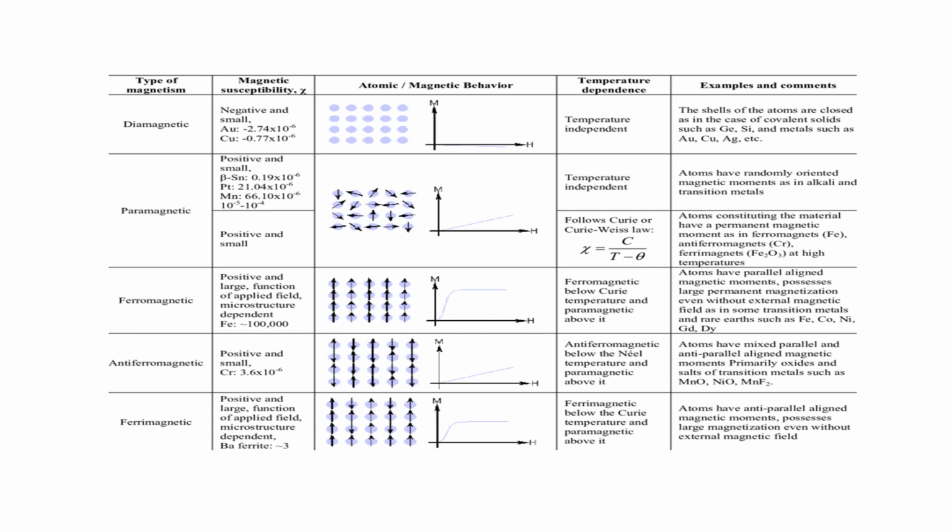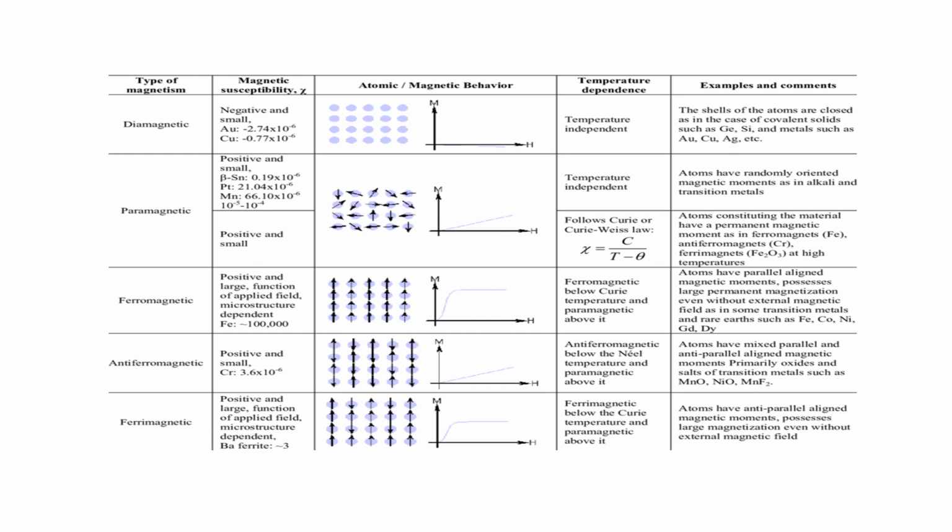It is temperature independent. Atoms have randomly oriented magnetic moments, as in alkali and transition metals. Atoms constituting the material have a permanent magnetic moment, as in the case of ferromagnetic material. Then it follows the Curie-Weiss law, chi is equal to C by T minus theta.